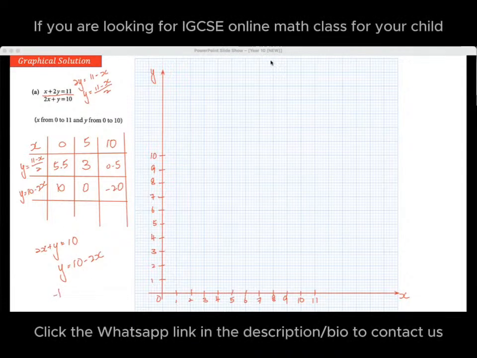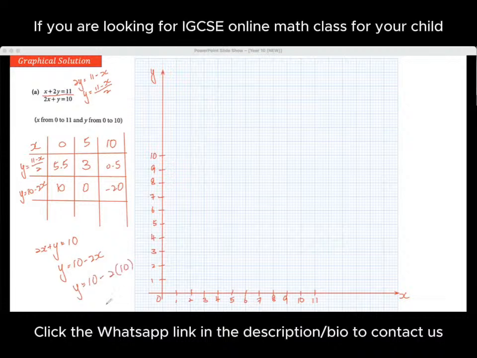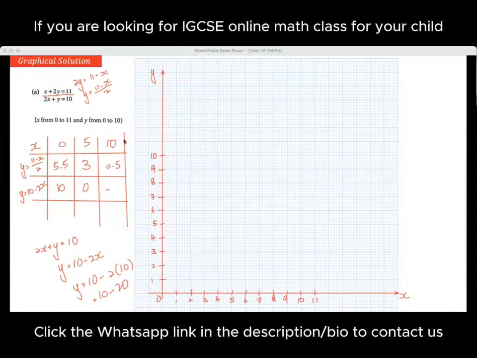Sorry, not negative 20. It's y equals 10 minus 2 times 10, right? So it will be 10 minus 2 times 10, 20. Negative 10, right? Sorry, my bad. Yeah, negative 10. So this will be negative 10.